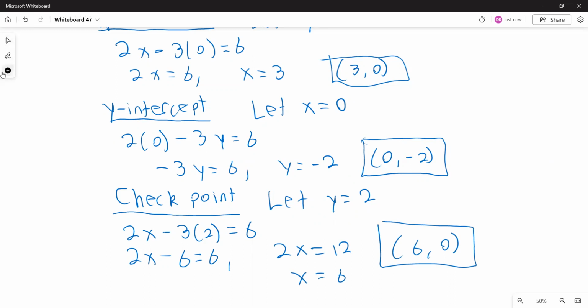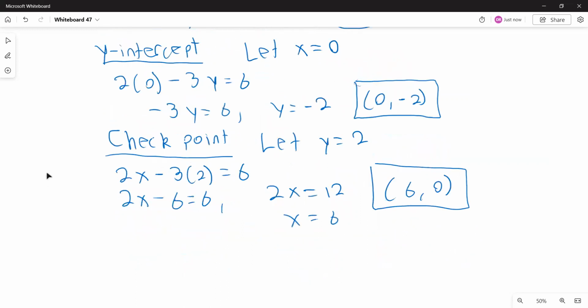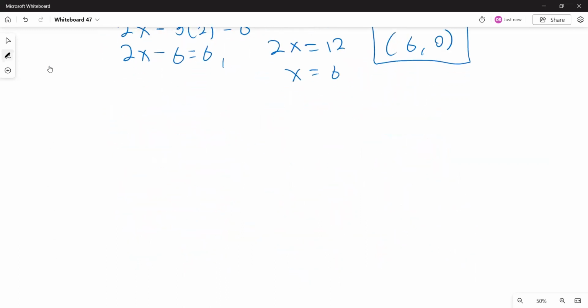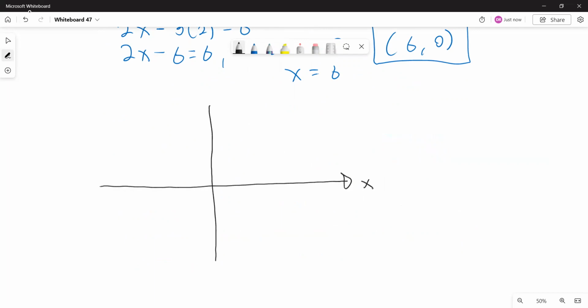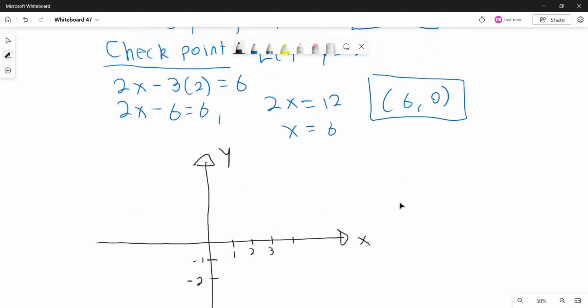Okay, let's do that. So again, the points we found were (0, -2), (3, 0), and actually that was (6, 2). There's a mistake there.